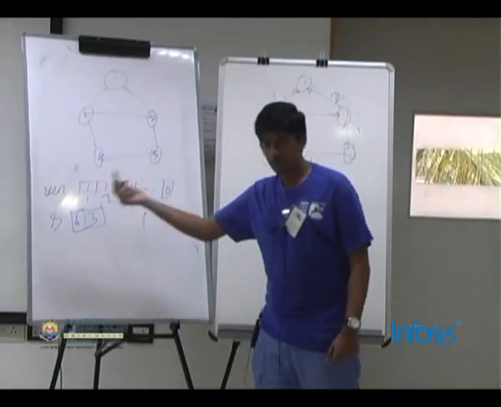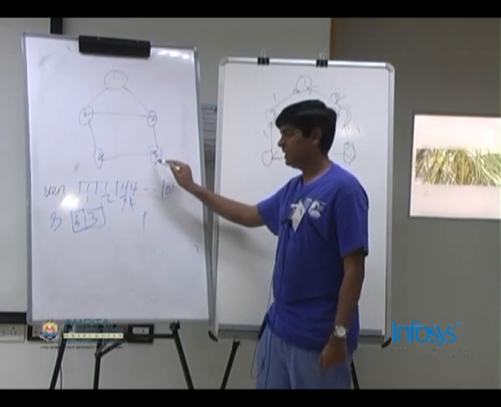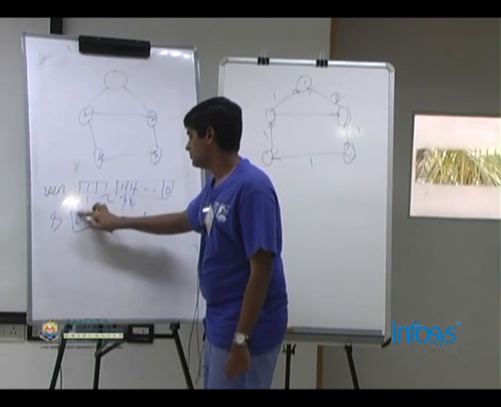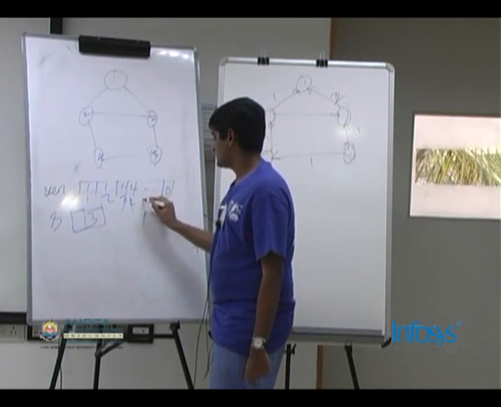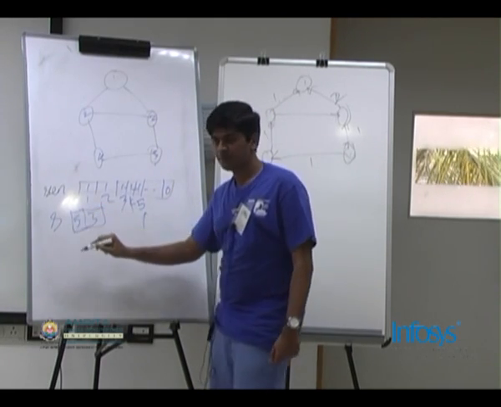Next 4 will come, check all the unseen neighbors of 4, it's only 5. So pop 4 out, update seen of 5 to be 1 and push 5 into the stack.